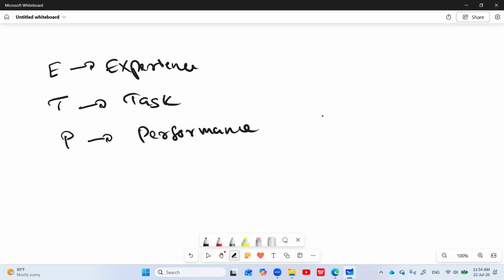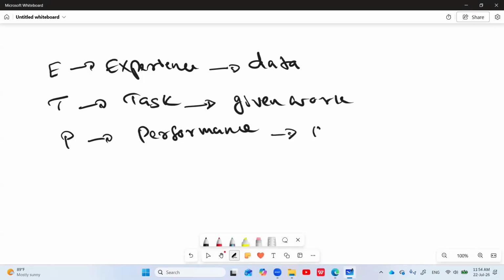The experience is coming from the things we are learning from, which means it is the data. Task means the given work. Performance means how successful that is.